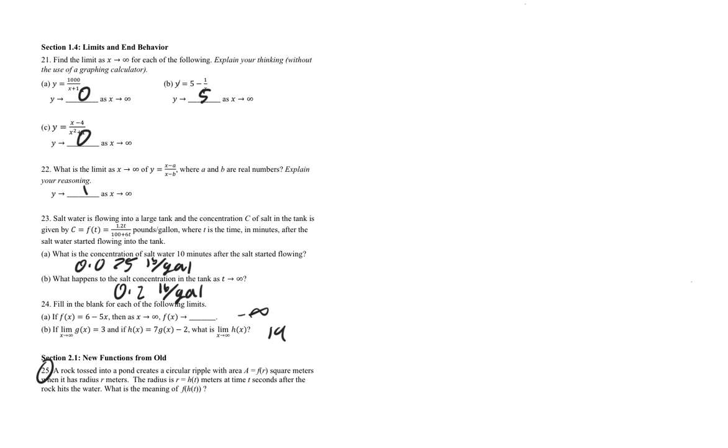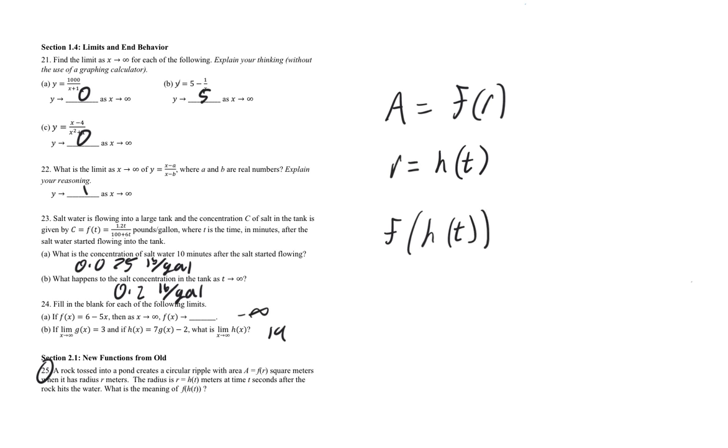Question 25. A rock tossed in a pond creates a circular ripple with area A equals f of r square meters when it has a radius of r meters. The radius is r equals h of t meters at time t seconds after the rock hits the water. What is the meaning of f of h of t? Well, here we know this is ultimately equal to A, and our input here is time.